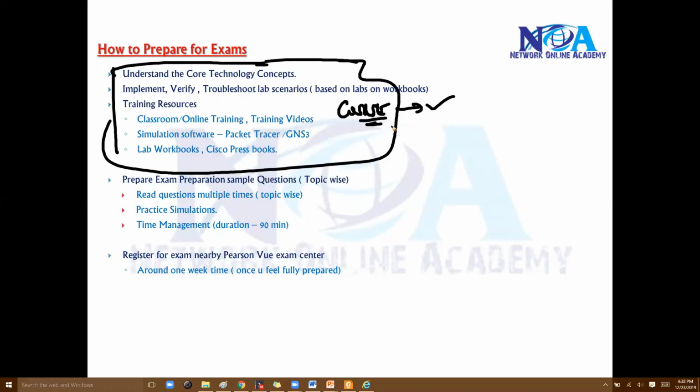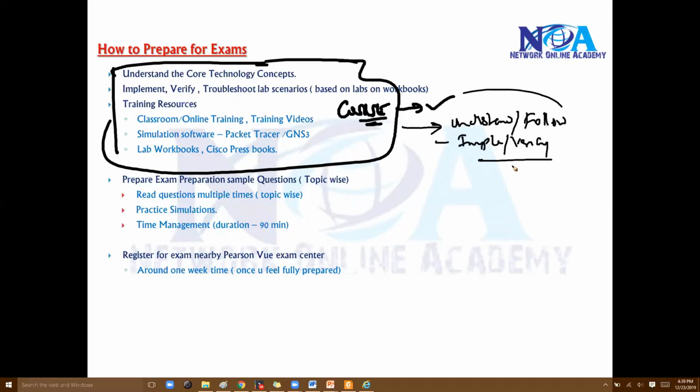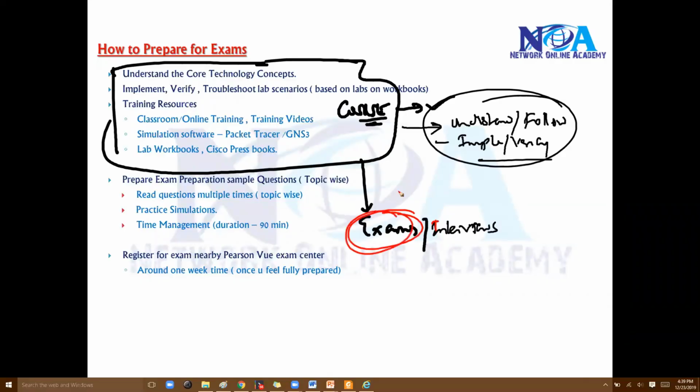Once you are good with this, it is going to help you understand and follow the concepts, and also help you implement as well as verify the configurations. But again, when you are going for exams, or for any interviews as well, I'm adding this because when you are preparing for the examination, you're also preparing for your technical interviews.